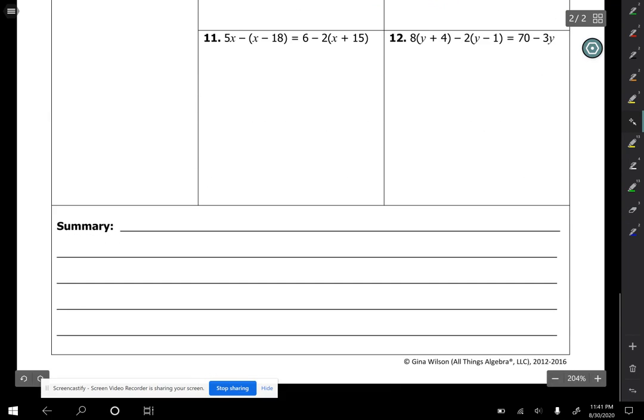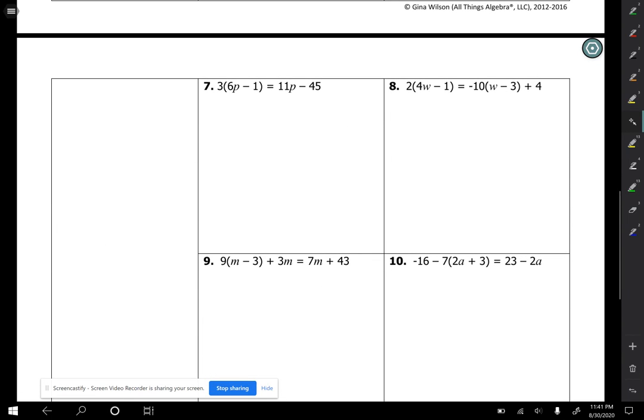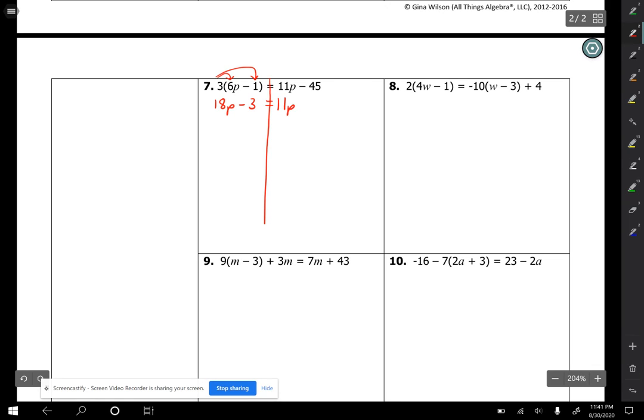Okay, on the back here, we're going to start to distribute and combine like terms before we can move our variables. Distribute the 3 to the 6p and the negative 1. 18p minus 3, because we multiply, equals 11p minus 45.